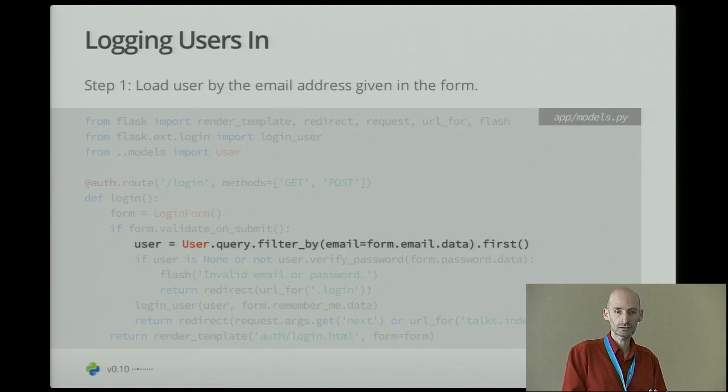Anytime you have a model in Flask-SQLAlchemy, this is not SQLAlchemy native, you can say Model.query, and that's a query object that you can use for running queries. So I'm going to tell the query to filter my models by email. I want users to have the email equal to form.email.data, which is what the user typed.